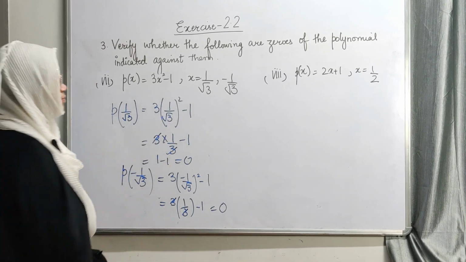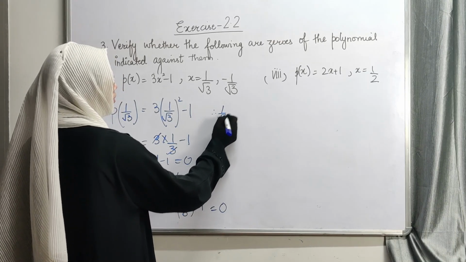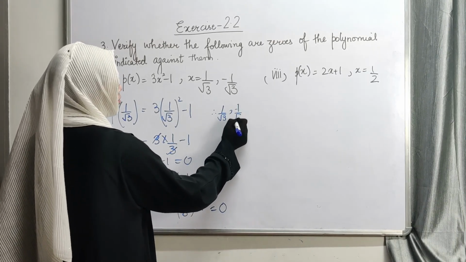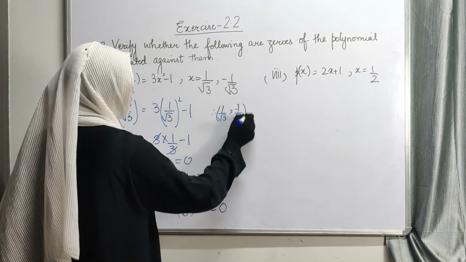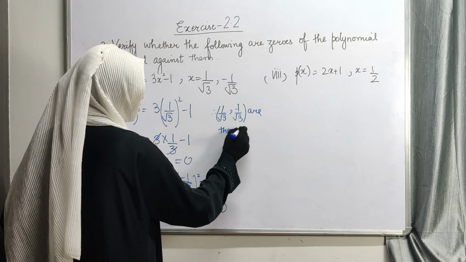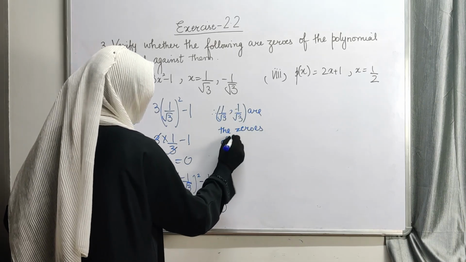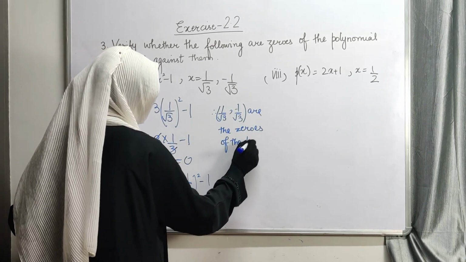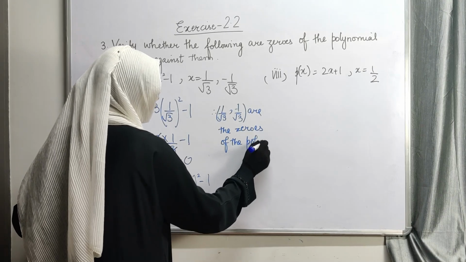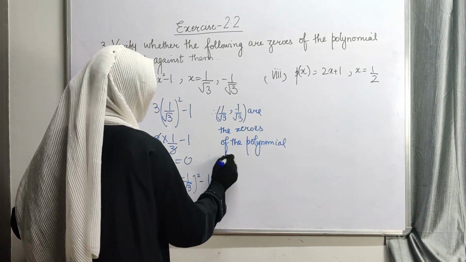Therefore, 1 upon root 3 and minus 1 upon root 3 are the zeros of the polynomial p(x).